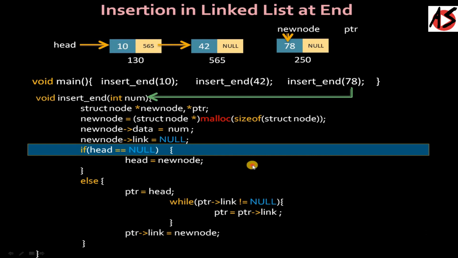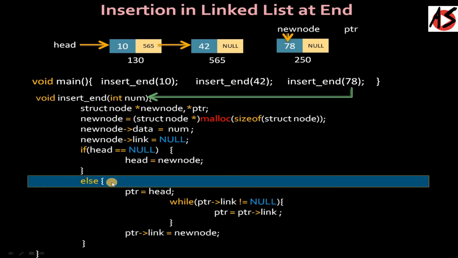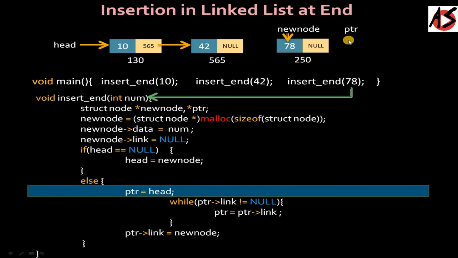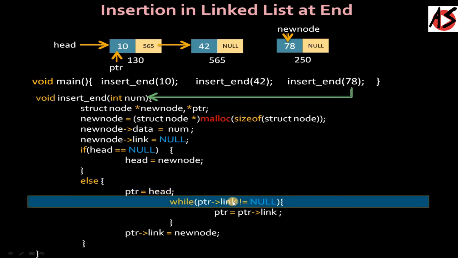So we go to the else part, and in the else part first is pointer equal to head. So our pointer is now pointing to the node which is pointed to by head. Now you can see pointer and head are pointing to the first node. Now we are checking the loop condition, that is pointer link not equal to null.